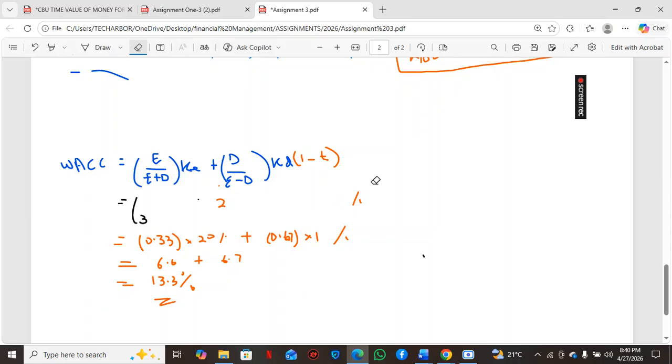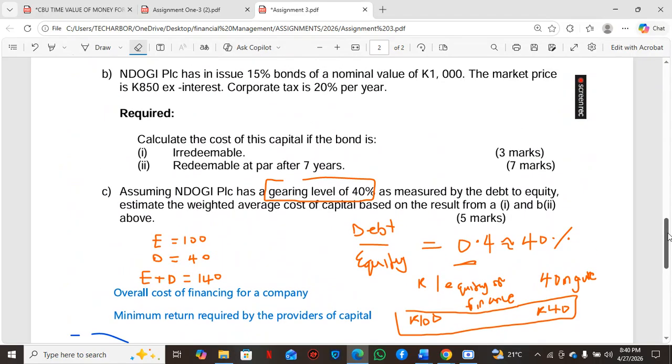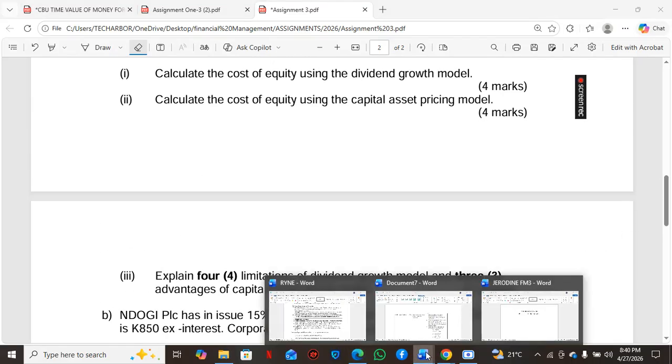So in the question they told us to use the results from A1. A1 was for cost of equity, not cost of capital.